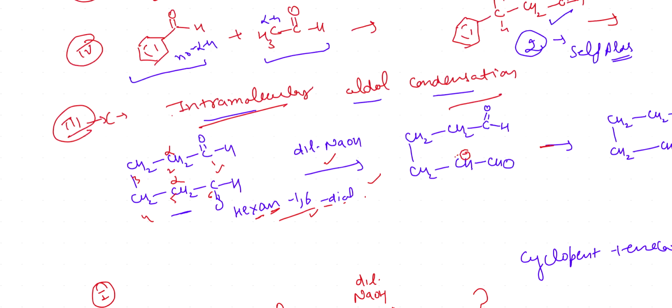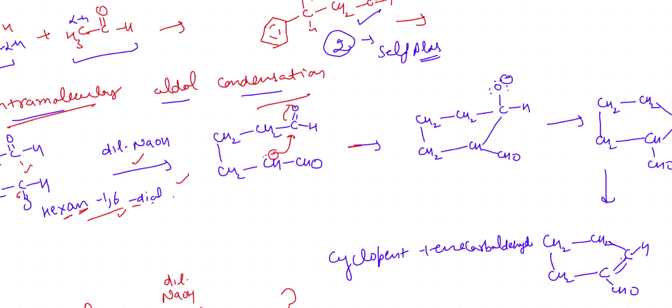Now it is attacking the carbonyl group, and there will be electromeric shift. The electrons will get transferred toward the oxygen atom, thus forming an oxyanion. Clear? Okay. The next step is the abstraction of H positive from a water molecule, and this oxygen will get protonated, thus forming aldol.